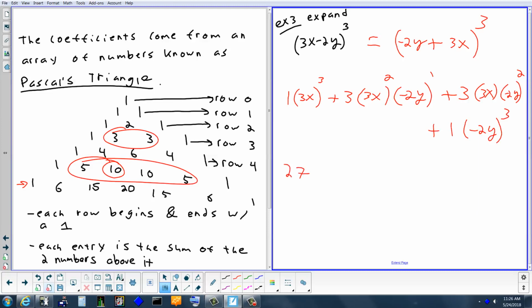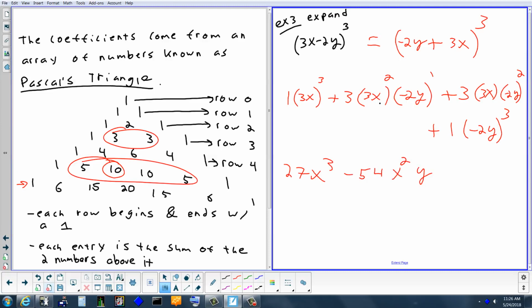All right. So we get 27x cubed. And now the next one, we're going to get 9. Well, let's do it all together. We get 9 from 3 squared. What's 9 times 3? 27. 27 times negative 2, negative 54. So we just took care of all the numbers. Now we got to deal with the letters. X squared y.